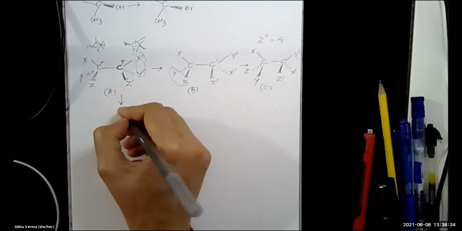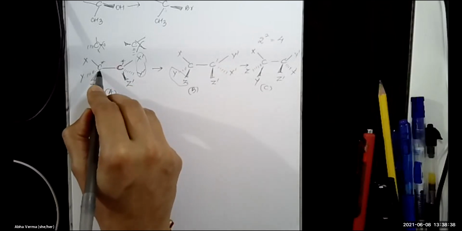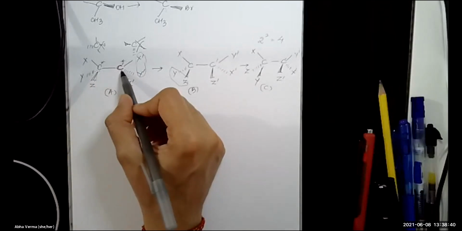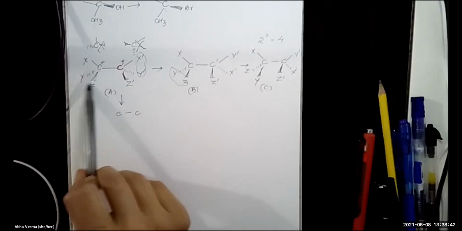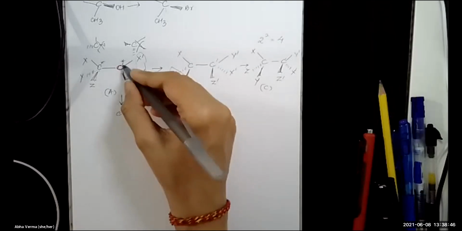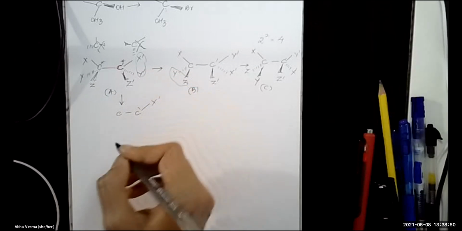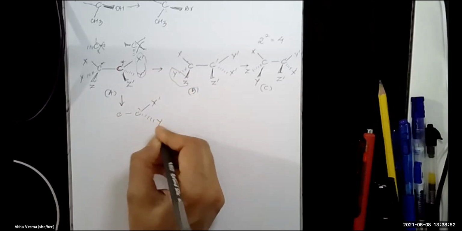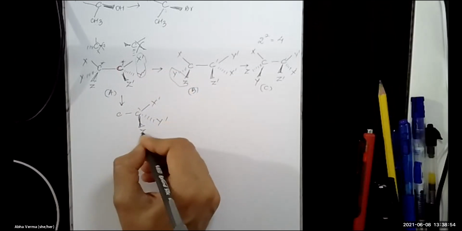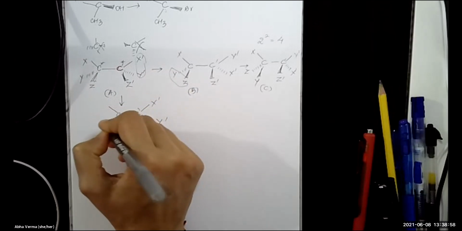So now I'm going to keep the carbon exactly the same. First I had switched from this. Now I will switch from this. So C prime, X prime, Y prime, Z prime. Orientation exactly the same.